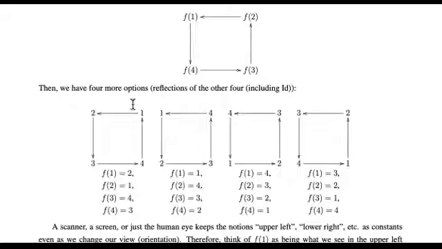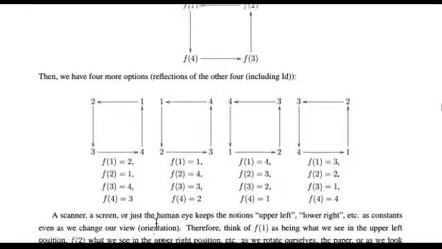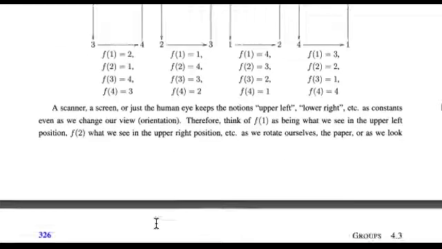We let this be f of 2, that be f of 3, and that be f of 4. And we get these permutations going on. These permutations, or these functions, preserve this reversed arrow structure that we have going on here from the backside.